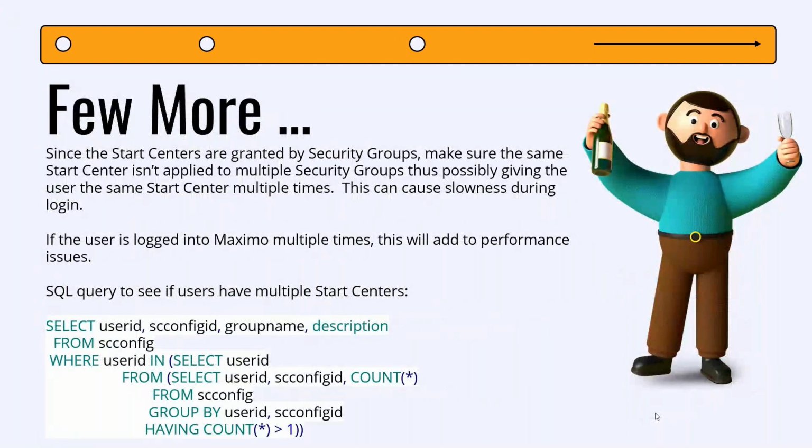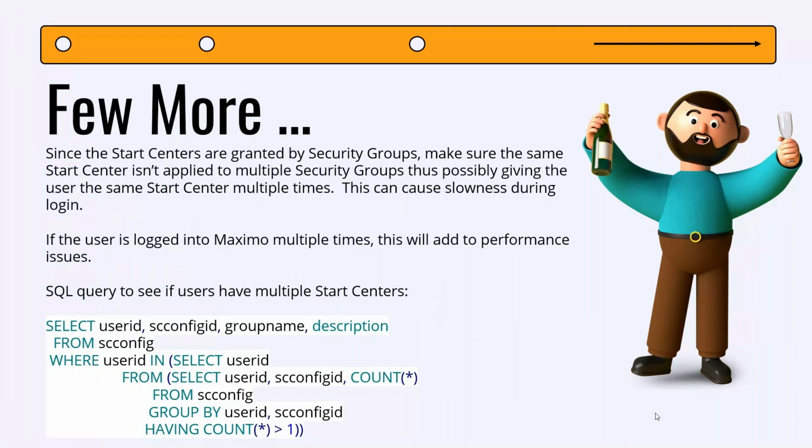A few extra little tidbits. Since the Start Centers are granted by security groups, make sure that the same Start Center isn't applied to multiple security groups. This would give the user the same Start Center tab multiple times, causing slowness on their login. If the user is logged into Maximo multiple times in their web browser, this will also add performance issues.